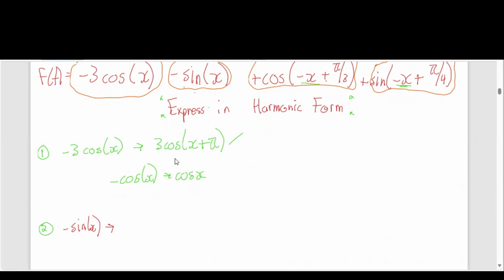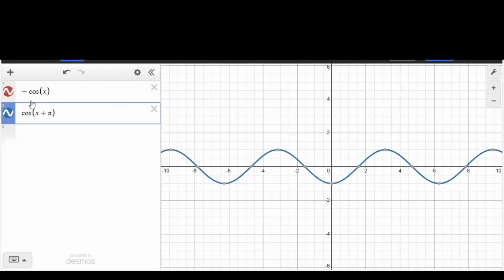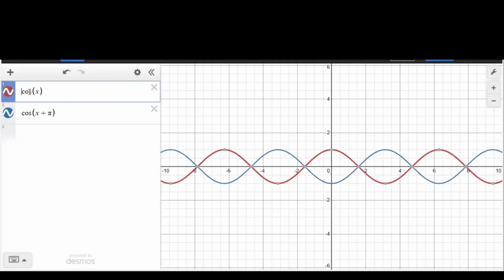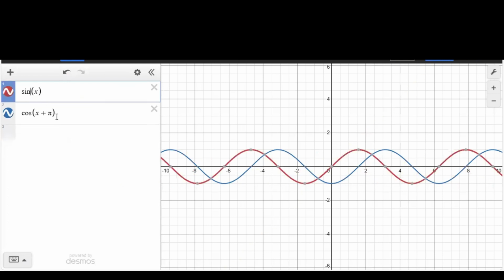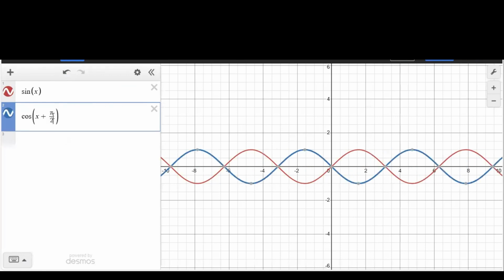So we need to know how to convert sine x to cos. Go back to Desmos. We have sine x, and you want to convert it to cos. Let's see. If you try pi on 2, that doesn't give it to you. Minus pi on 2. Nice.